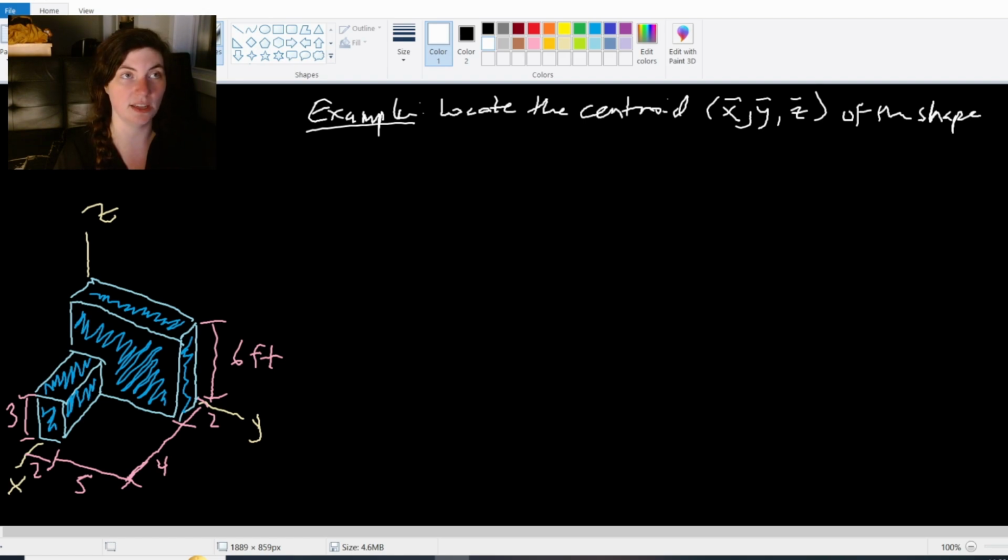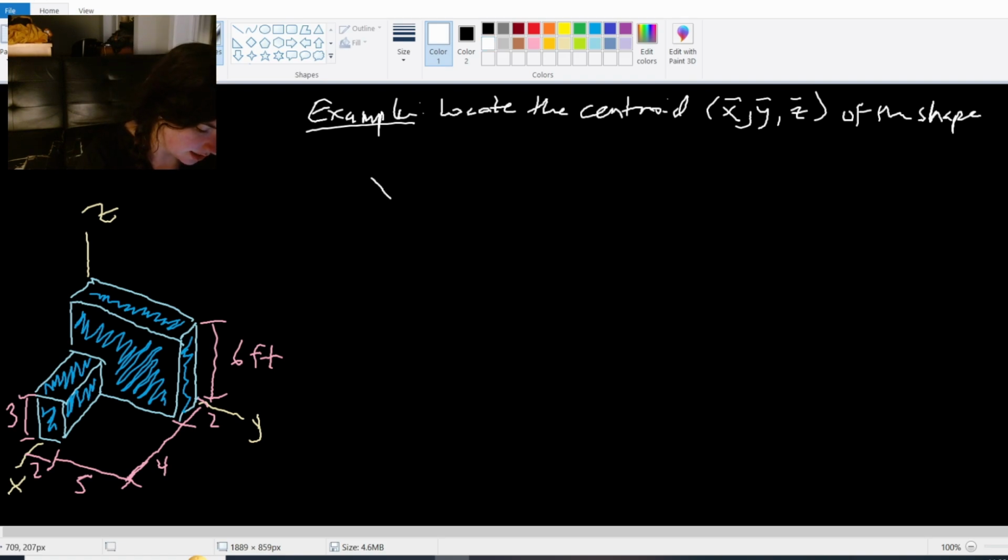So in this example, we go from a 2D space to a 3D space, where now we want to locate the centroid x bar, y bar, and z bar for this 3D set of blocks here. We're going to apply the exact same equations, the exact same process. The only difference is that we're working with volumes instead of area.